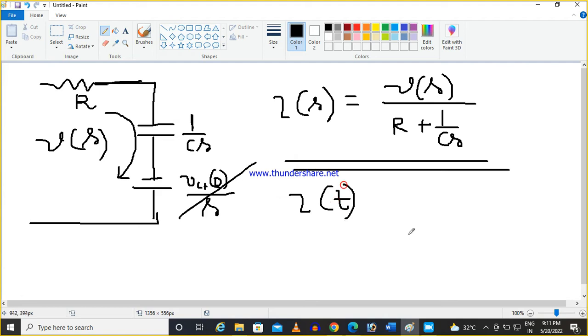Okay, so that current will be this V by R. So basically, if you go to the inverse Laplace transform, so it will be V, I am considering it is a constant voltage, so it will be V by R into e to the power minus T by RC.